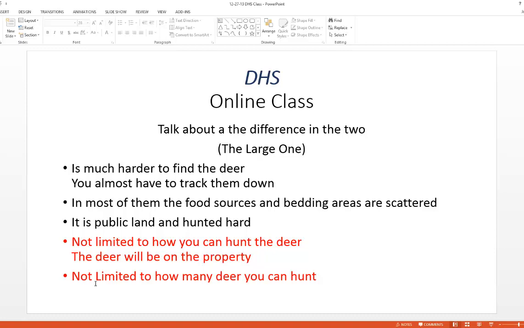Now, when you were talking about that property that we talked about in this course, that's a really super small property, under 50 acres. It's not as important there because you're limited to where you can hunt anyways. The reason I combined them both into this one course is that there are people hunting these small areas, that 50 acres we talked about, that first piece of property.